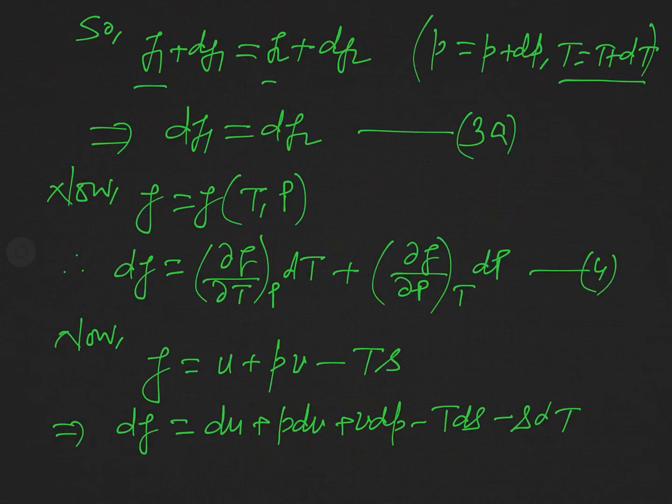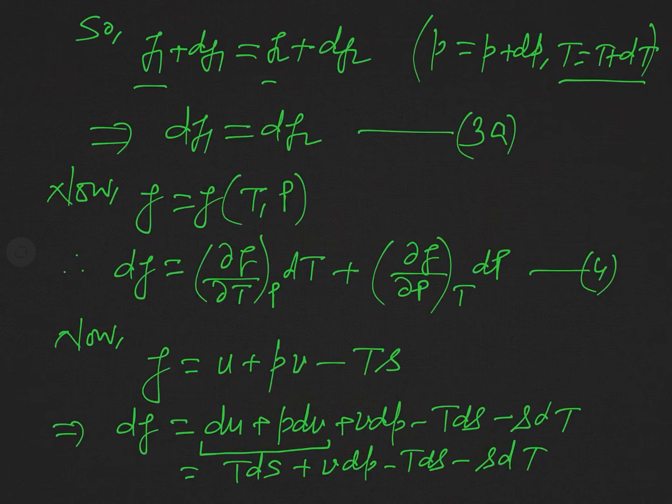And from the first law of thermodynamics, this du plus P dv is what? This is del Q, and the second law says this is T ds. So you may write this is T ds plus v dP minus T ds minus s dt.